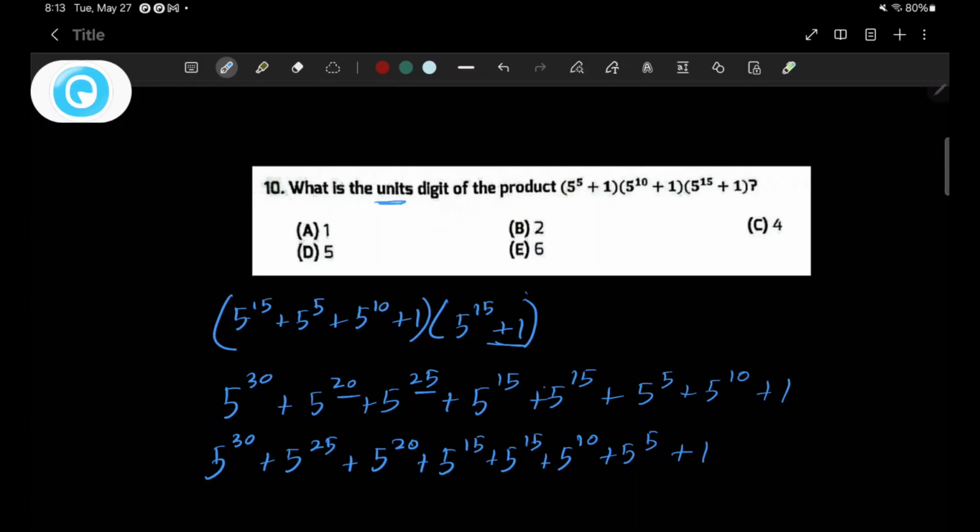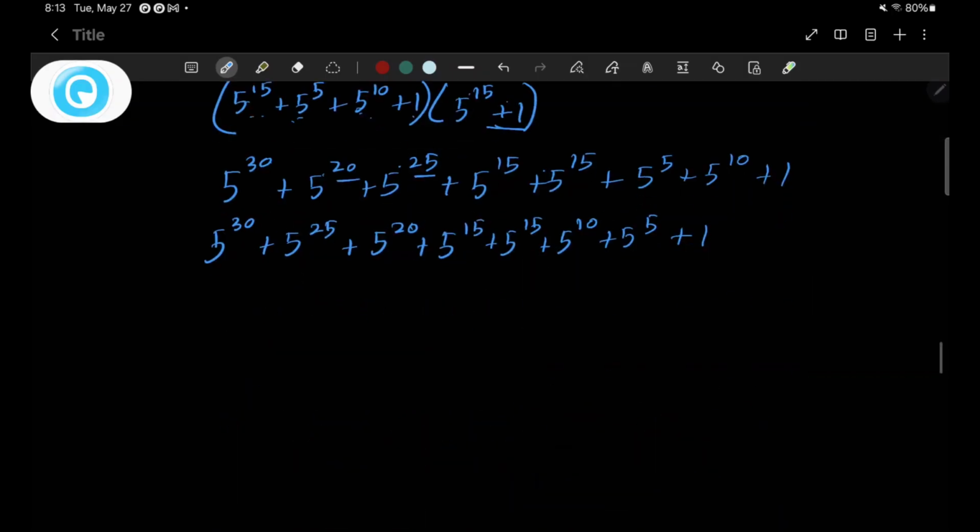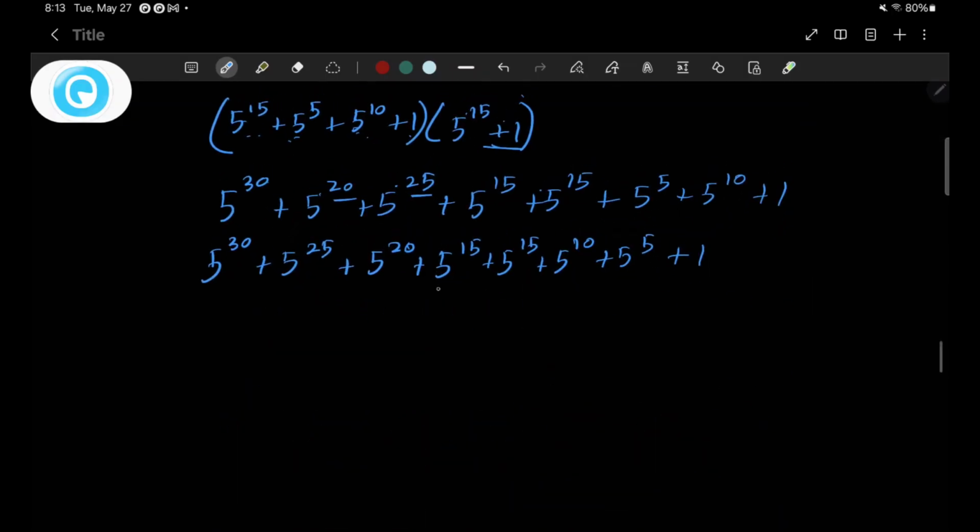Let me just take a quick recap and see if I have missed out on anything or not. 30 and then 20, 25, 15, 15, 5, 10 and then 1. Okay, yeah. Now these two are the same.